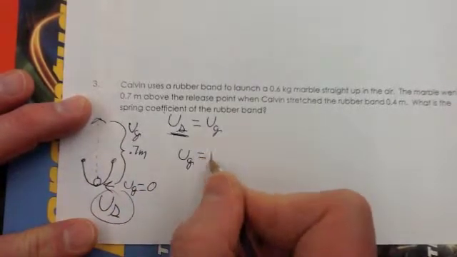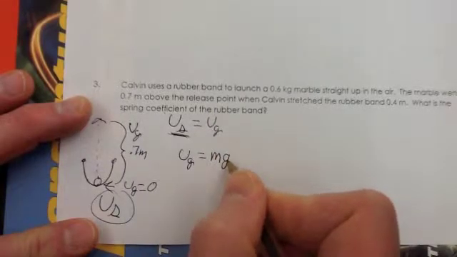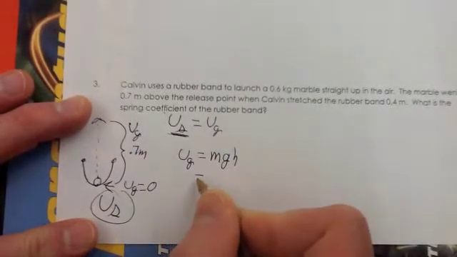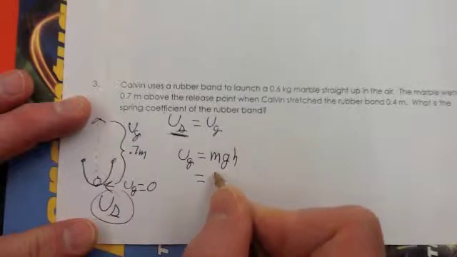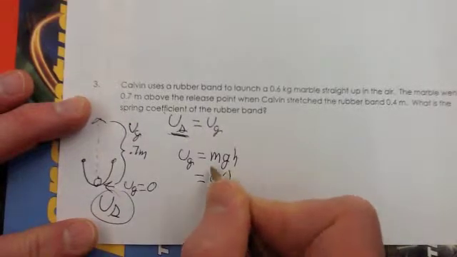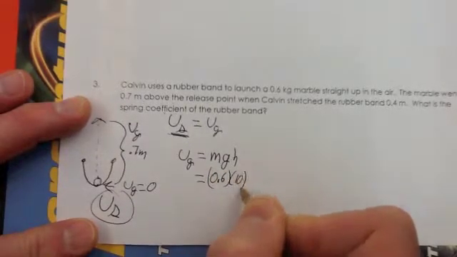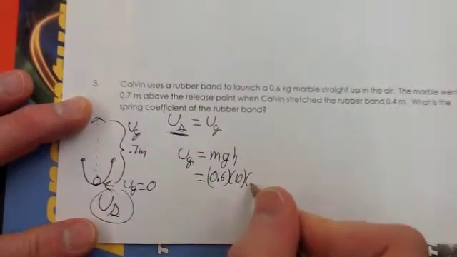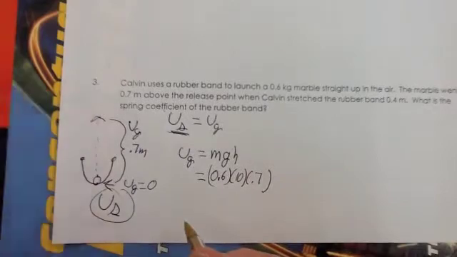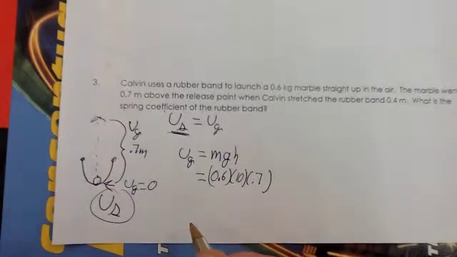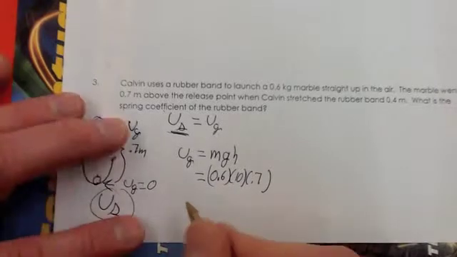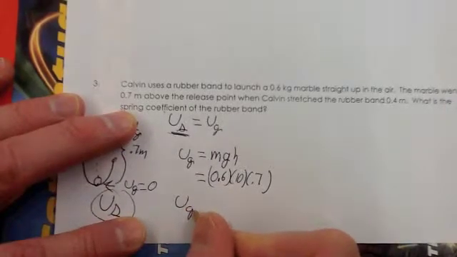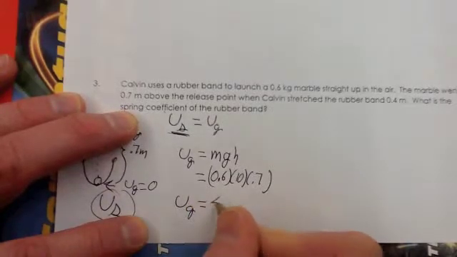Then it's just going to be M, the mass, times G times H. So the mass is 0.6, times G is 10, times H, which went 0.7. So that's just going to be 6 times 0.7, which should be 4.2. So my new potential energy is 4.2.